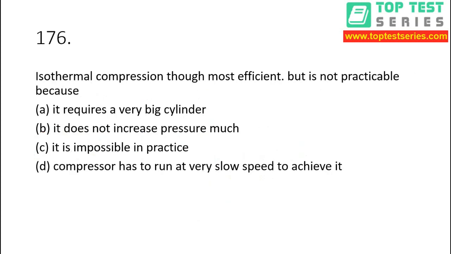Question number 176. Isothermal compression is most efficient, but it is not practically possible. See, there are two processes. About these processes you must know which one is slower and which one is fastest. The slower one is isothermal, and practically we cannot get a slower process because it is not possible, right? The same thing happens with the Carnot cycle.